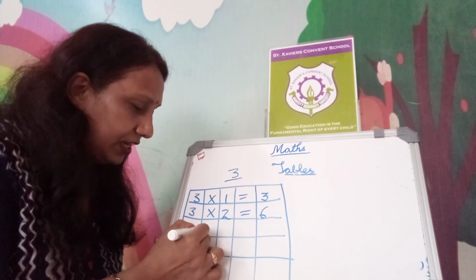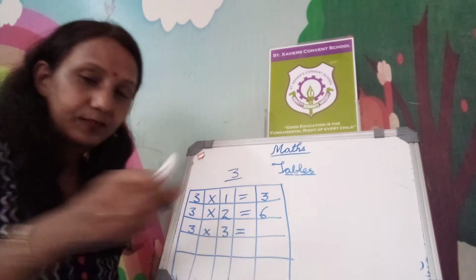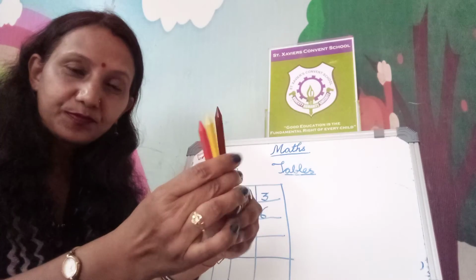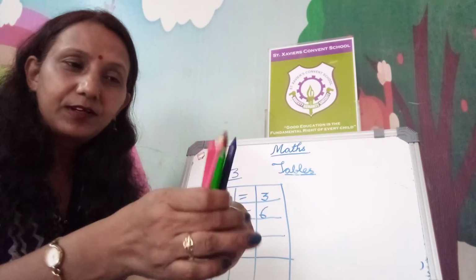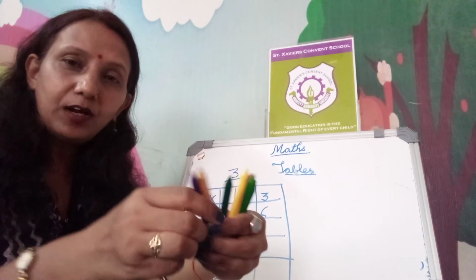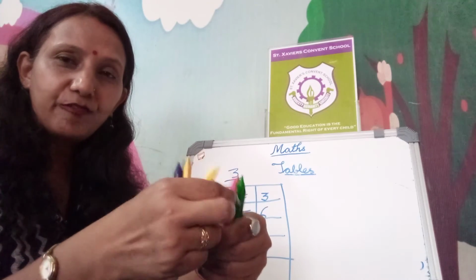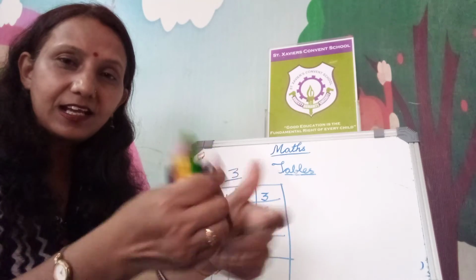Now 3 3s are 1 2 3, one time. 1 2 3, two times. And 1 2 3, three times. Now count it. 1 2 3 4 5 6 7 8 9.